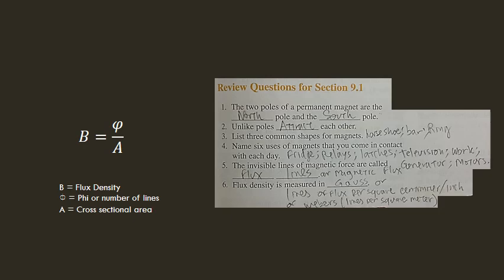The cross-sectional area can be measured in square inches or square centimeters. If the cross-sectional area is measured in square centimeters, then the flux density is given in the unit Gauss. A Gauss is the number of lines per square centimeter. The flux density B is usually given in Webers per square meter.